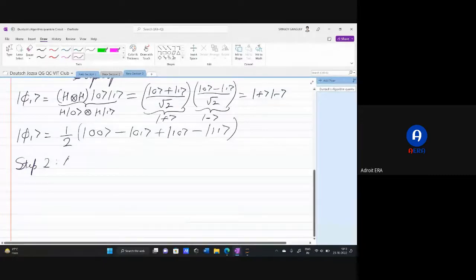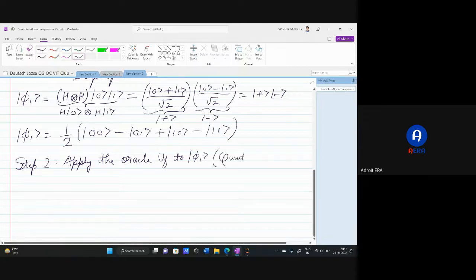We apply the oracle Uf to ket phi 1. This is part of quantum parallelism.